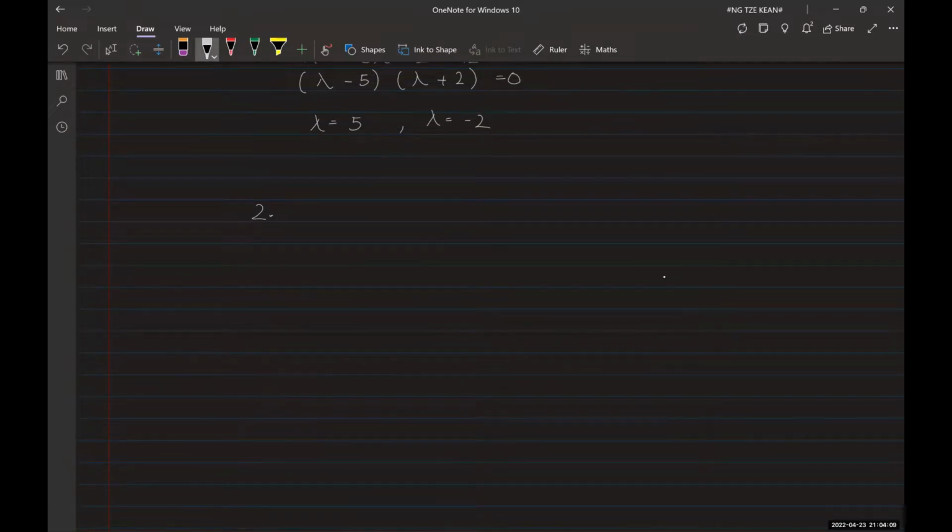For the same matrix A, find a basis for each eigenvalue. Just to write out the matrix for reference: 1, 4, 3, 2. And we have lambda equal to 5 and minus 2.